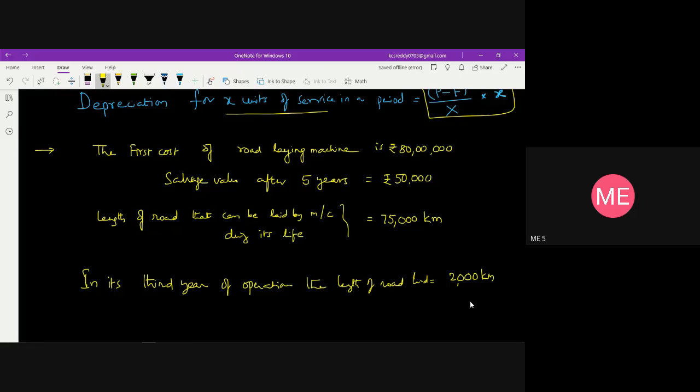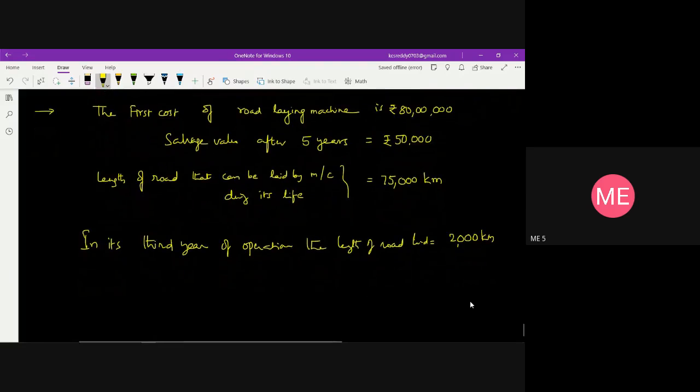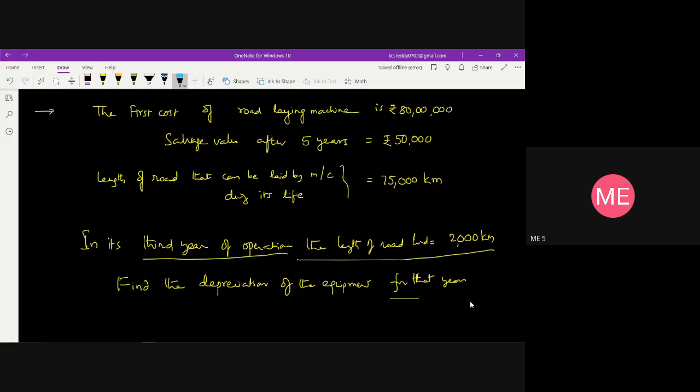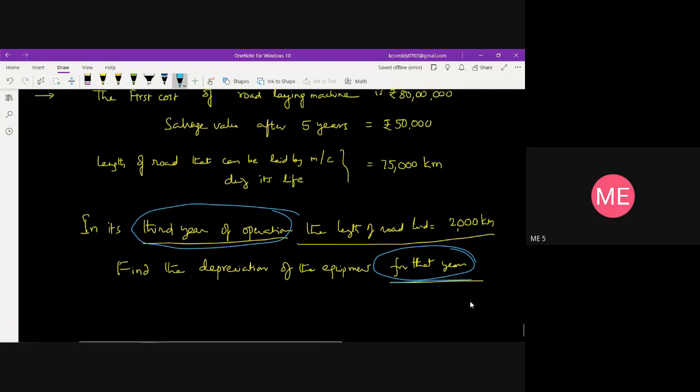You are going to calculate for the third year because it is asking for the third year, in which 2000 kilometers were laid. The maximum service life is 5 years.